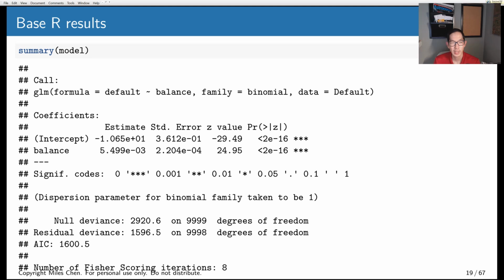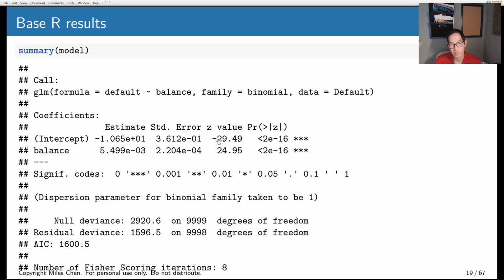Okay, and here we get two coefficients. Negative 1.065 times 10 to the 1, so basically negative 10.65 as my intercept, and then the balance is basically 5.5 times 10 to the minus 3, so 0.0055 as my balance.